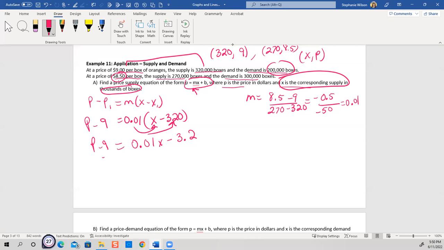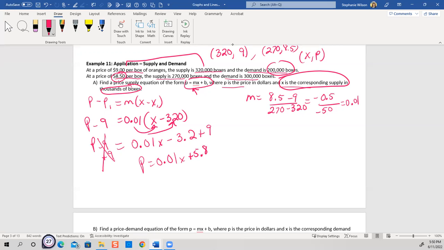And then let's add this 9 to both sides. Since it's a negative here, we want it to go to 0, so I'm going to add it. Okay, so now this is what I got going on. So 9 minus 3.2 gives me a positive 5.8.